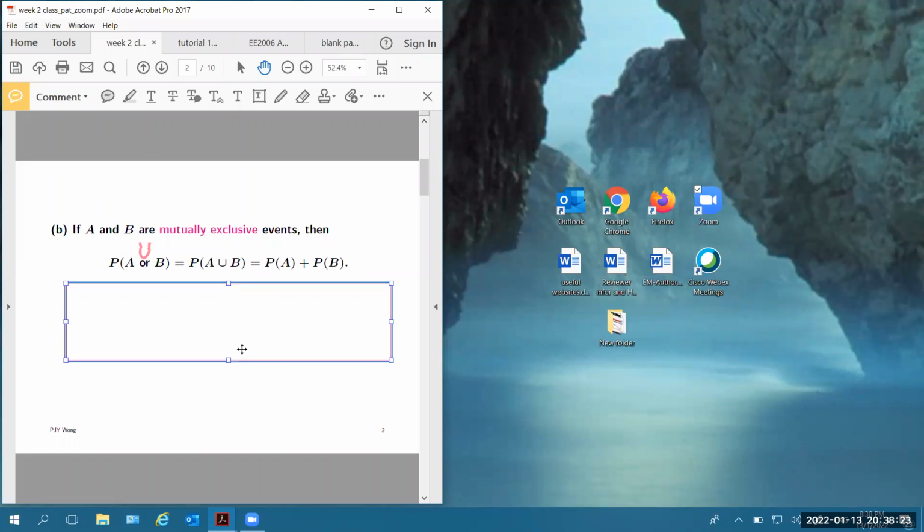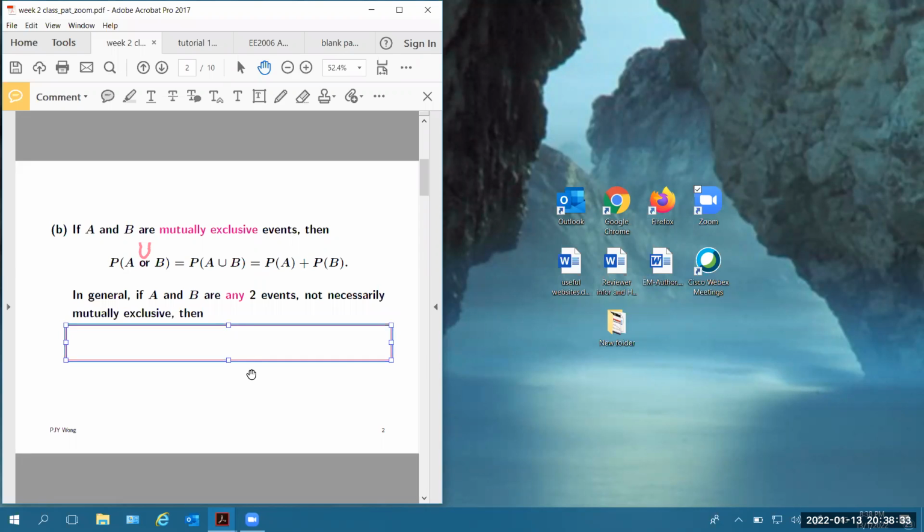Now we also have a more general formula. Suppose A and B are any two events, not necessarily mutually exclusive. Then you also want to talk about the probability of A or B, right? Will this formula be the same as this?